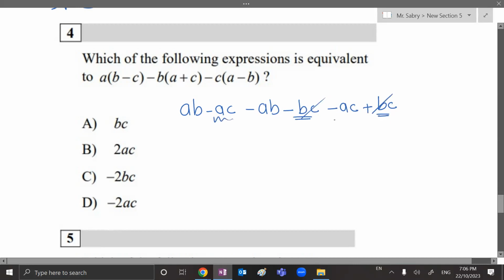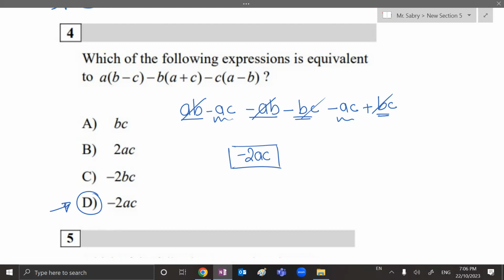I have negative AC and negative AC, that's negative 2AC. I also have AB with negative AB, these will cross each other, so I'm only left with this negative 2AC. The trick here is about the signs mainly. You know, negative times negative is positive, and negative times positive is negative, and so on.